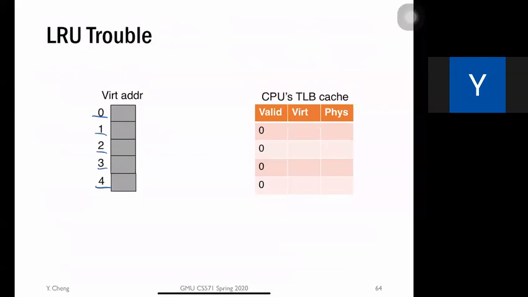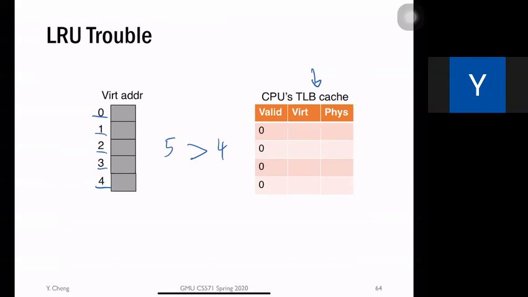And on the right-hand side of the slide, it shows the CPU's TLB cache. If you look carefully, it has exactly 4 entries. It has 1 less entry compared to the virtual memory capacity of this particular process.